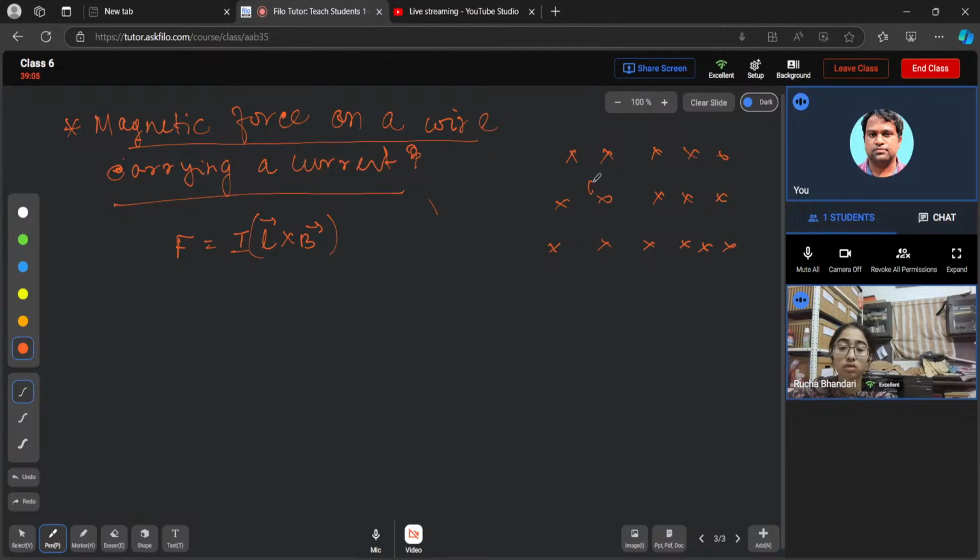If a current carrying conductor is there with current I flowing, and you are keeping it inside this magnetic field B, which is perpendicular to it, how much force will it experience? L is the length of the conductor, and B is the magnetic field.